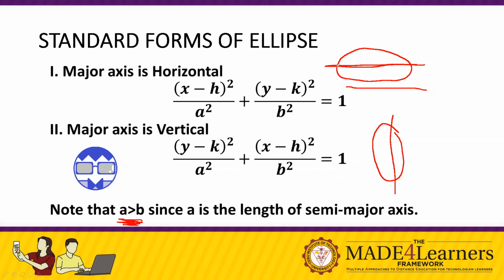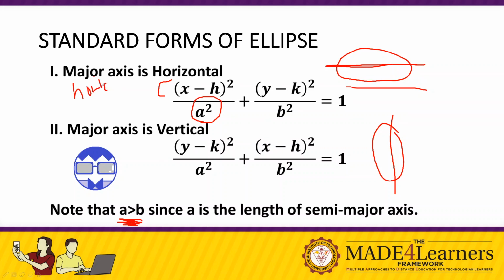Take note that the major axis for an ellipse is always the longest line segment. In analyzing the equation, take note that x and h are horizontal.